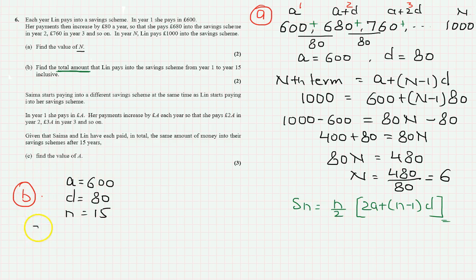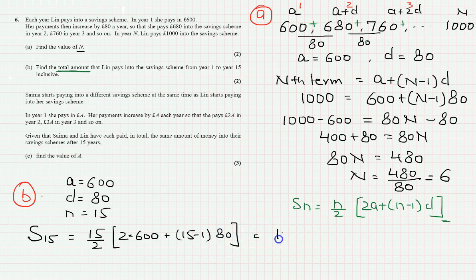So our Sn, the sum of 15 years, is n over 2, that is 15 over 2, times 2a, 2 multiplied by 600, plus n minus 1, 15 minus 1, times d, which is 80.